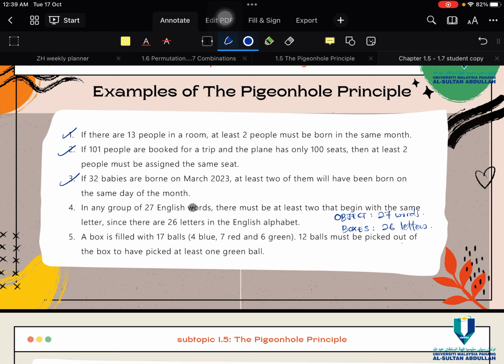And then ada perkataan yang ke-27. So perkataan yang ke-27 ni mesti akan bermula dengan salah satu huruf A to Z. So dia mesti ada at least 2 words that begin with the same letter. Okay, very good.